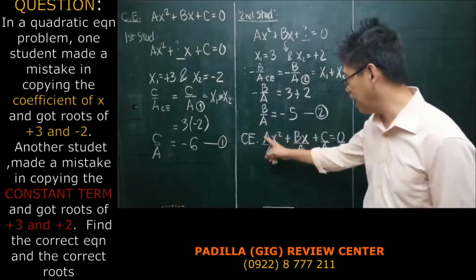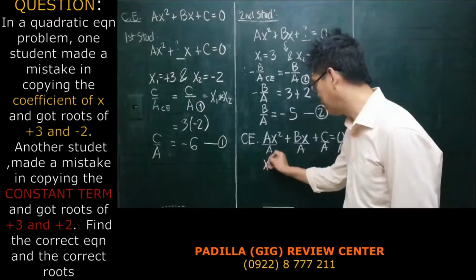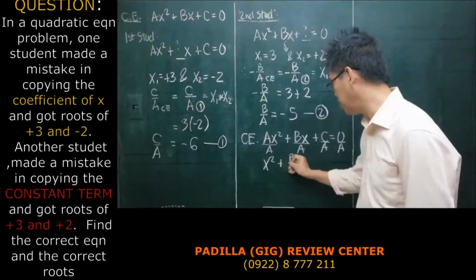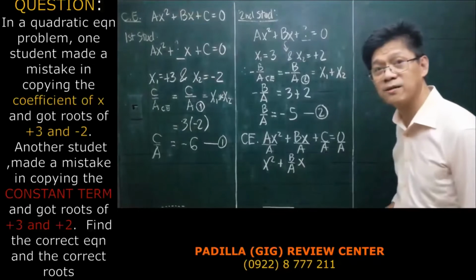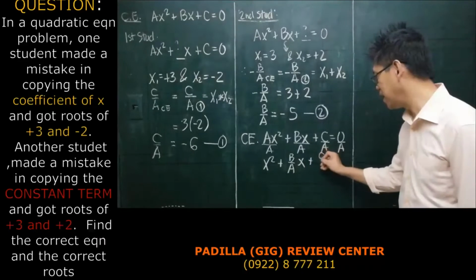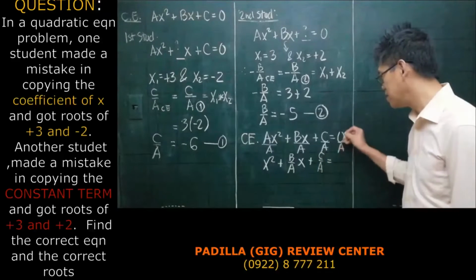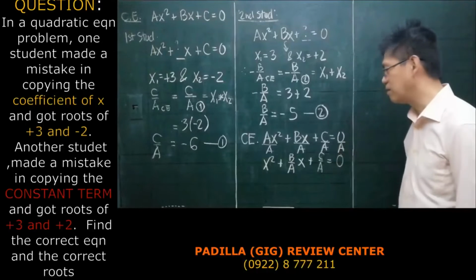So I have a over a, x squared plus b over a x plus c over a is 0 over a, 0.